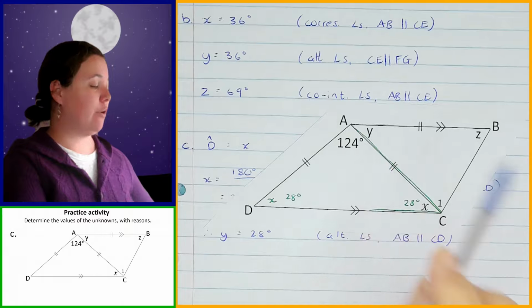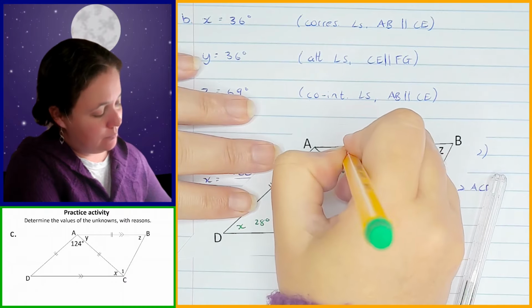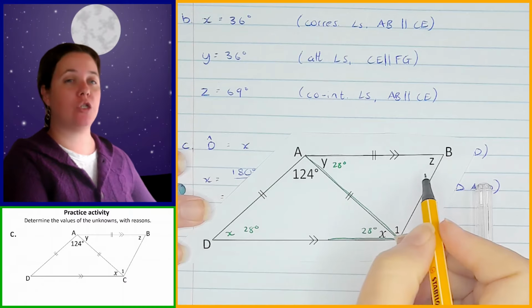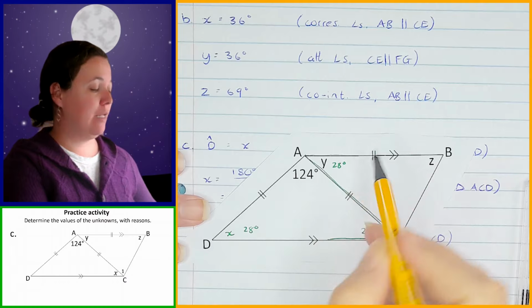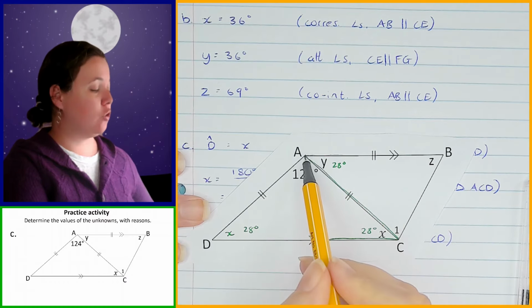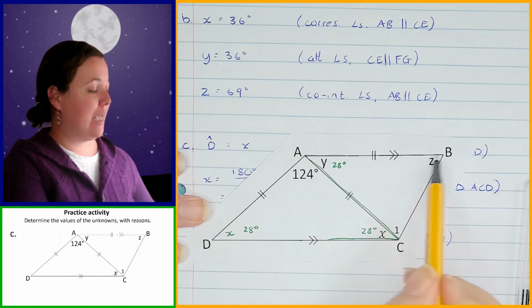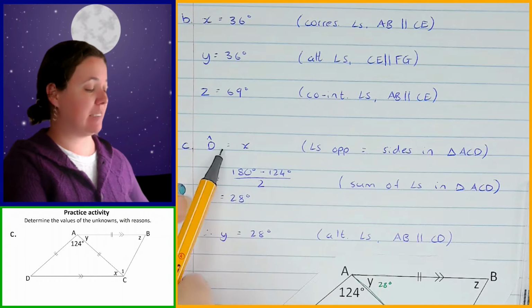Okay, so now I know over here that this is 28 degrees. Now I need to go and work out what Z is. Now Z is in the same triangle as Y over here, which we just worked out. And we've been told in that triangle that AB is equal to AC. So I'm going to do basically the same thing as I did over here.